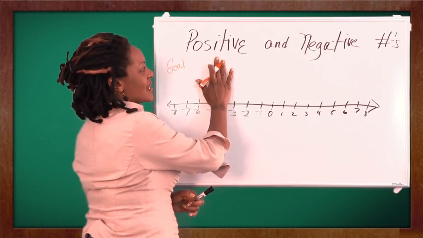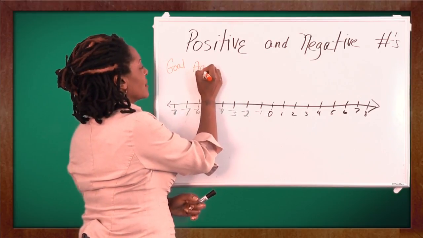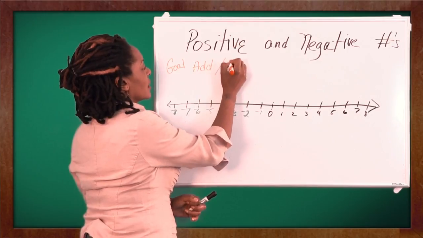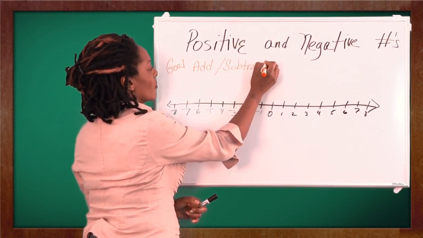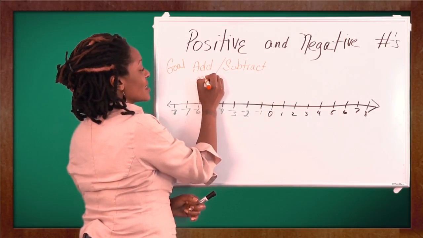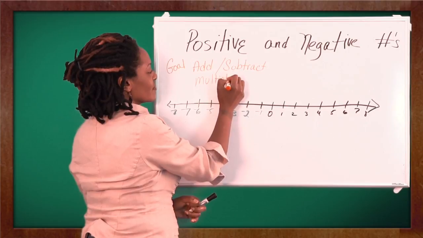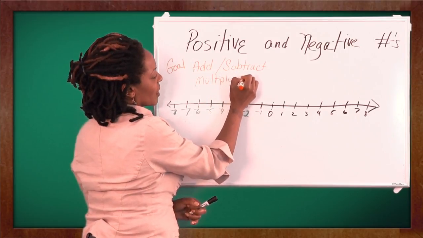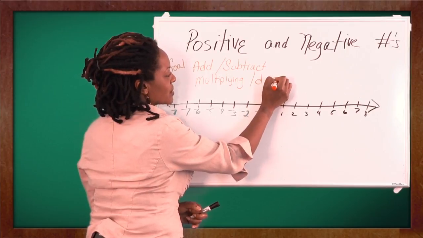So here the main heading is positive and negative numbers, and our goal is to add and subtract the numbers, and then understand the rules of multiplying and dividing these numbers.